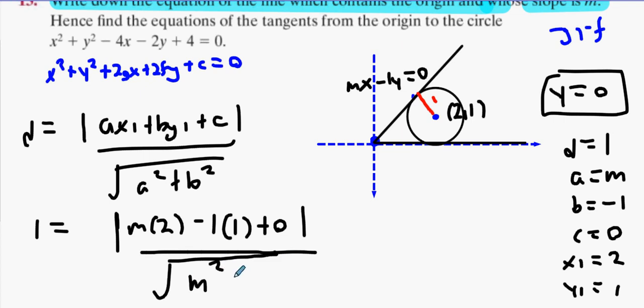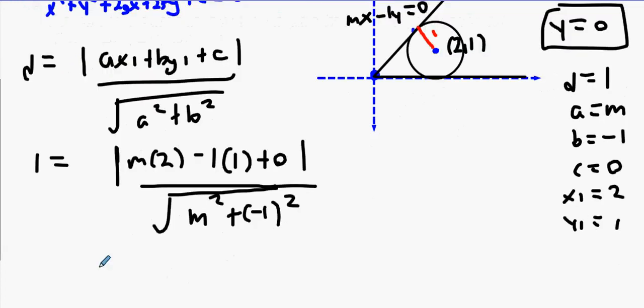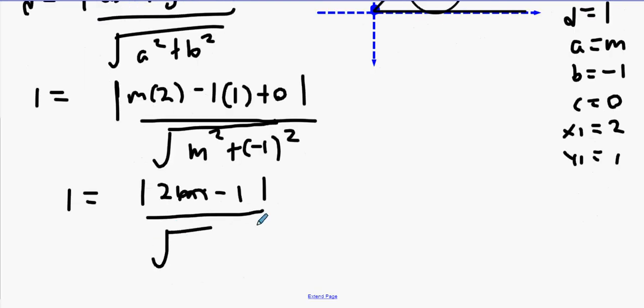M squared plus minus 1 squared. Okay. 1 equals what? 2m minus 1 all over the square root of. Okay. Square both sides, what do you get?